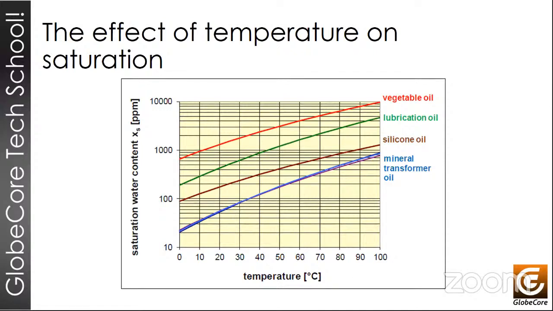And one of the characteristics of paper is its affinity for water, which increases the percentage of moisture that will be present in the solid insulation. So the only way to keep moisture saturation low is to keep the humidity of the entire system low, not just the oil or the paper, because if we have high saturation, it will permeate and damage all elements of the transformer. Next slide, please.